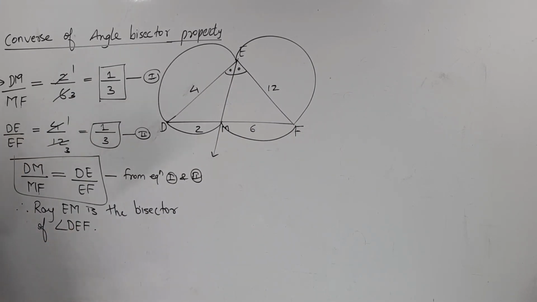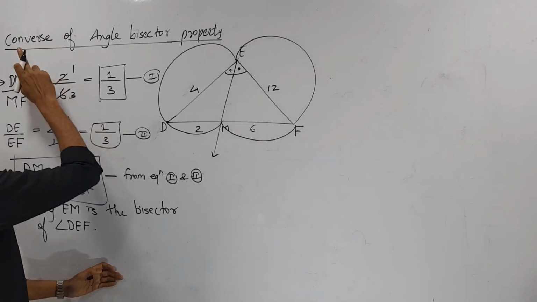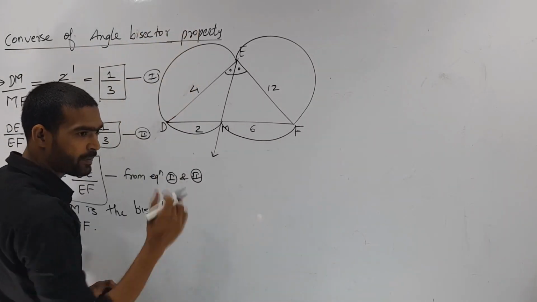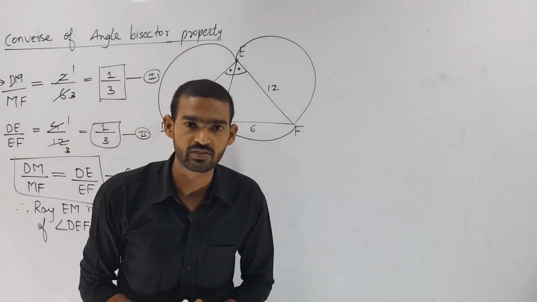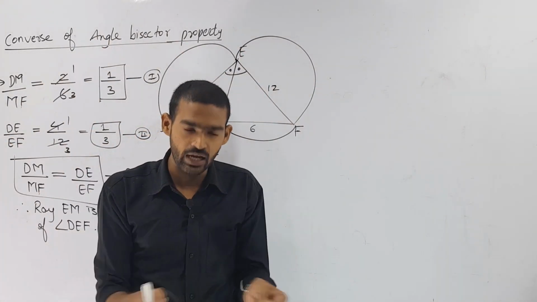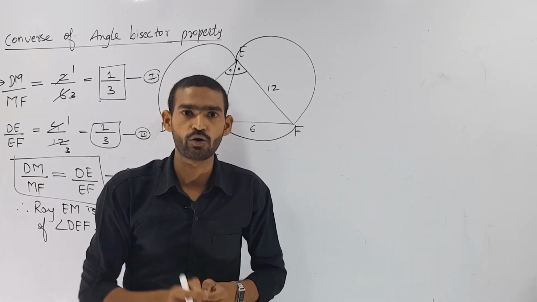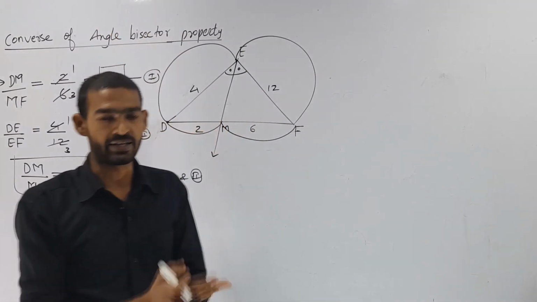So this way we have proved the converse of angle bisector property. So what is converse, students? Converse is: if the ratios are equal, then the ray is the angle bisector.